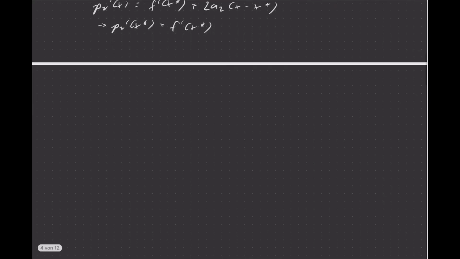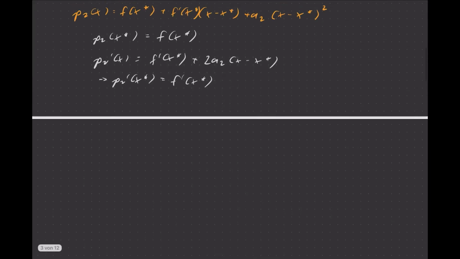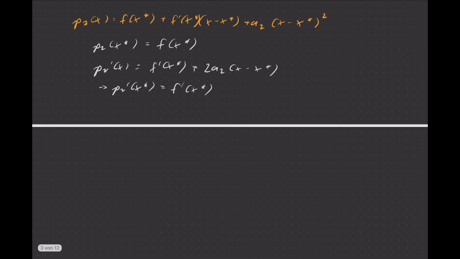Now for determining a2, we'll need to have a look at the second order derivative. So let's do that. P2 double prime of x. We take this here and compute one more derivative of that. Then this part will vanish, and here we just get 2a2. So that's 2a2, and we want that to be equal to f double prime at x star.